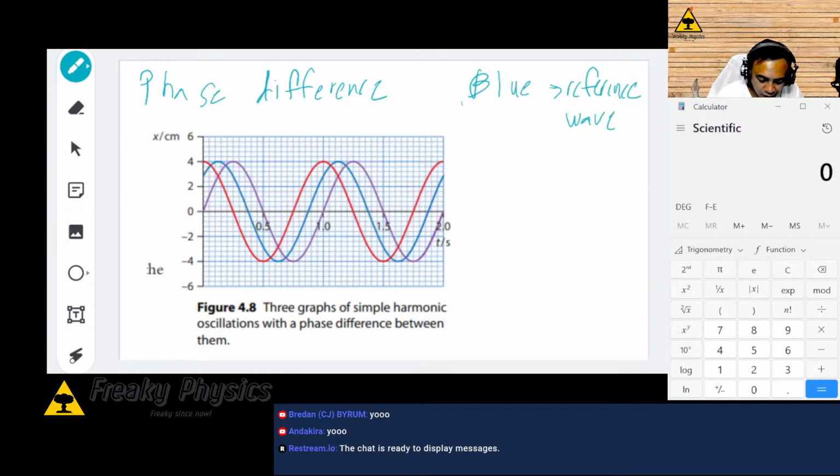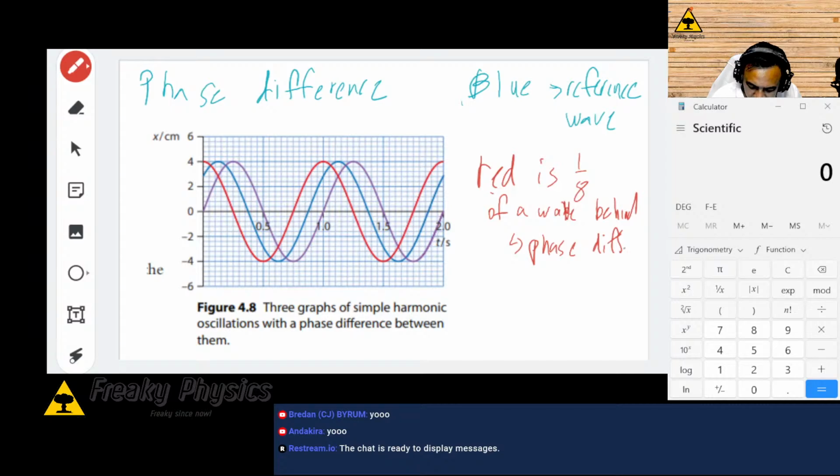Now red. Red is 1/8 of a wave behind. I'll explain later how I got that 1/8. Then the phase difference between red and blue is 360 degrees divided by 8.